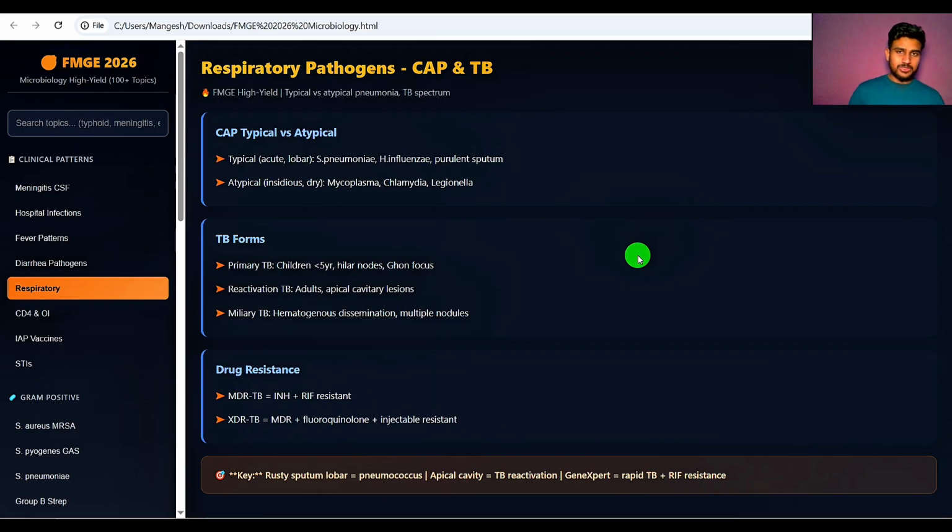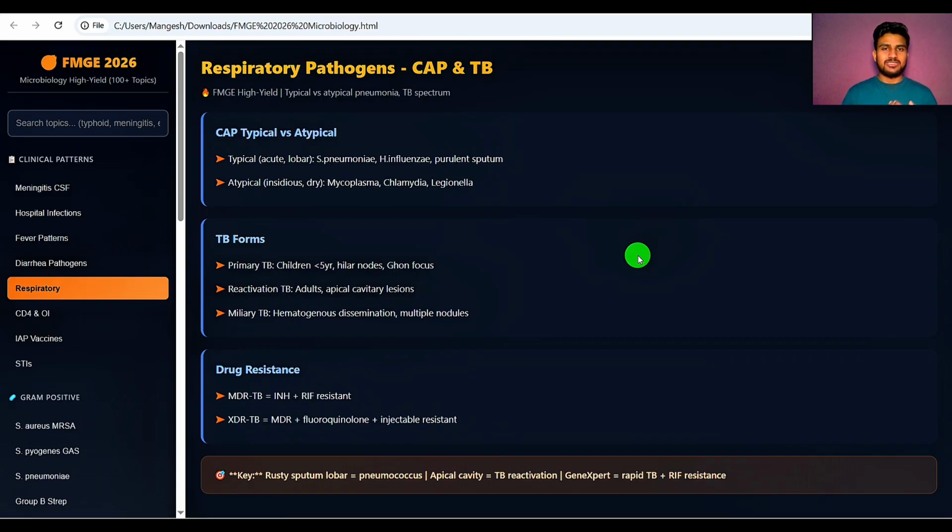The first one that I want to talk about is CAP, community acquired pneumonia, which is divided into typical and atypical. The typical one is basically related to acute and lobar pneumonia. Streptococcus pneumoniae is the most common culprit of this condition. Then there is Haemophilus influenzae, and the thing that they will be mentioning in the question is purulent sputum.